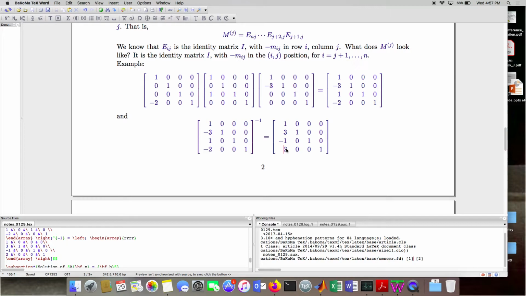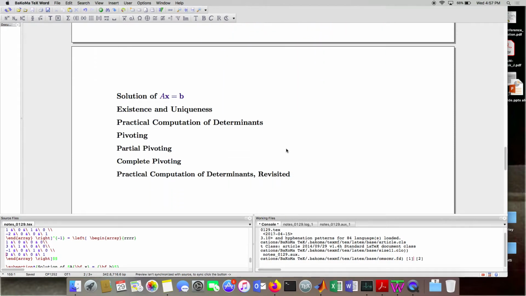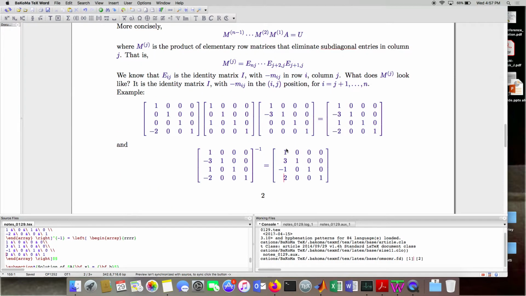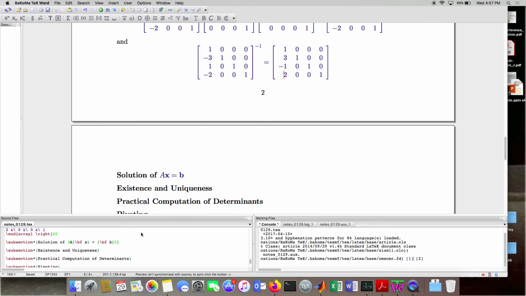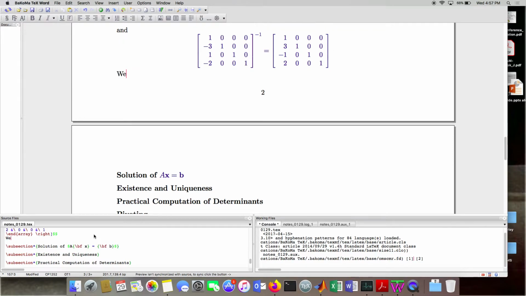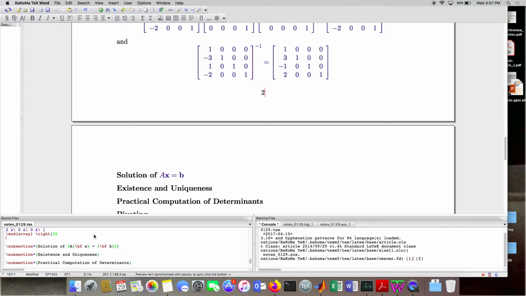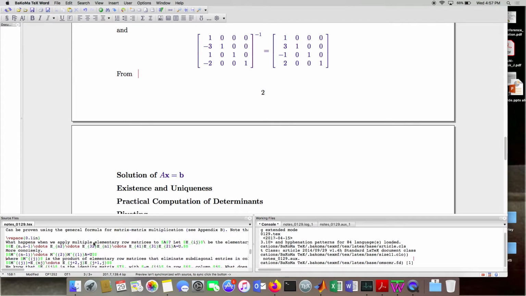Now, why is that of interest to us? Because of what I'm about to do here. Okay. So I'll copy the equation that I had earlier.